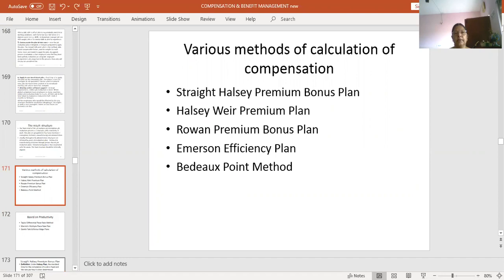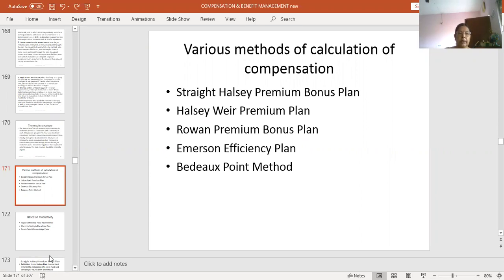Now, what are the various methods of calculating compensation? To calculate pay, there are various methods used. Straight Halsey Premium Bonus Plan, Halsey Wire Premium Plan, Rowan Premium Bonus Plan, Emerson Efficiency Plan, Badock's Point Plan.